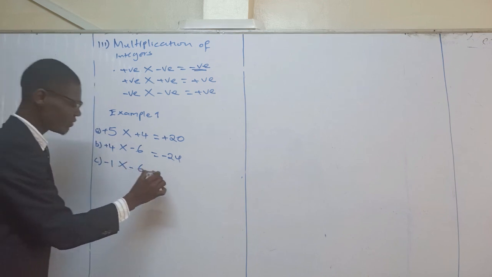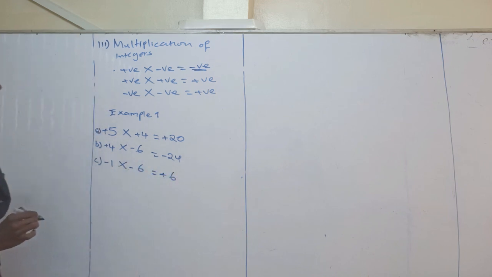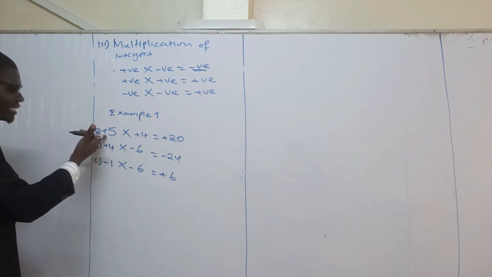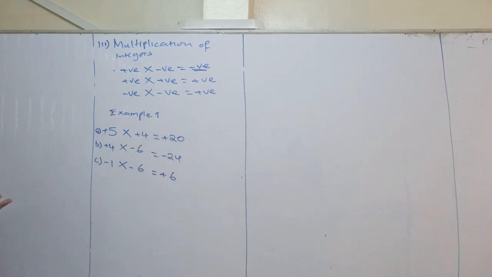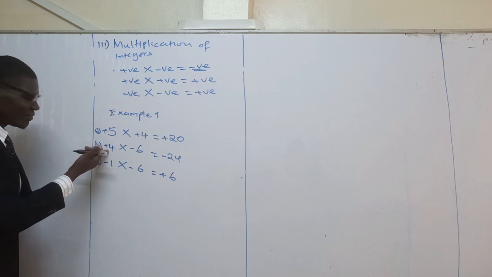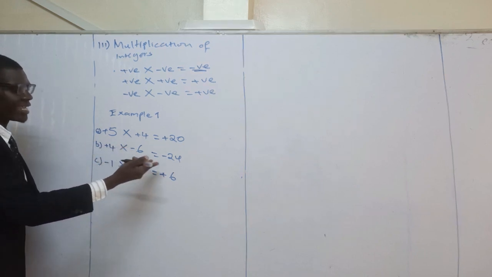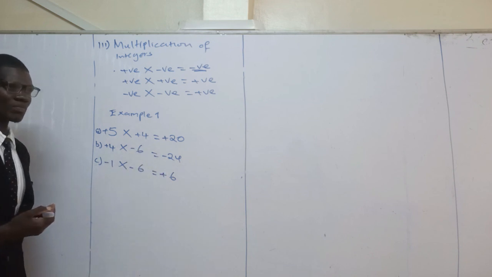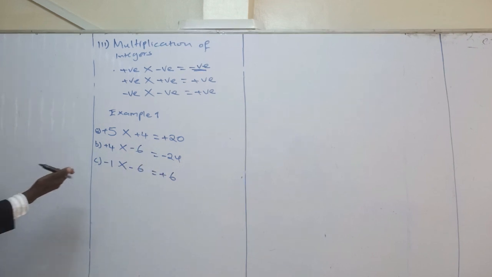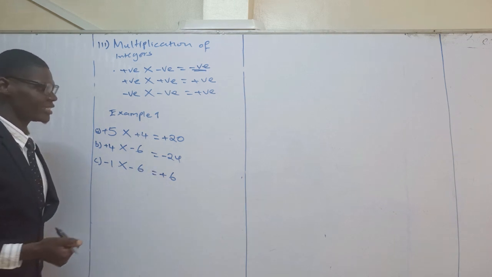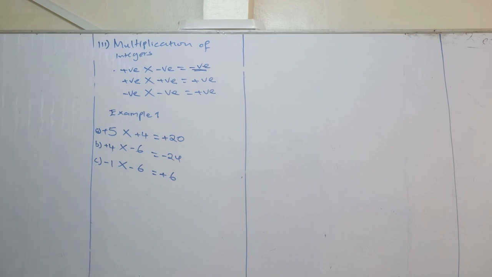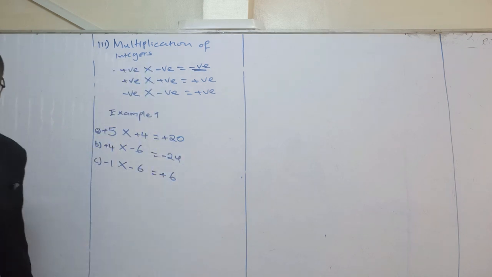That is positive 6. In general, when I multiply a positive integer by a positive integer, I get a positive integer. When I multiply a positive integer by a negative integer, I get a negative integer. Again, when I multiply a negative integer by a negative integer, I get a positive integer. So this is all about multiplication of integers.